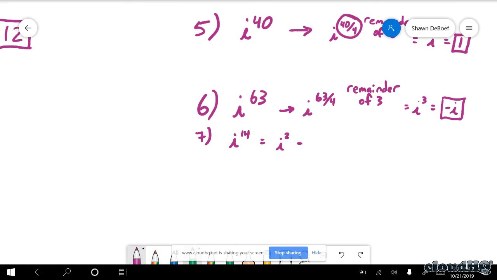What does that equal? -1. I to the 104th. Well, 104 is divisible by 4, so it has a remainder of 0. So it's the same as just I to the 0, which is just 1. So we can make up any positive exponent and be able to figure it out because it's cyclical.